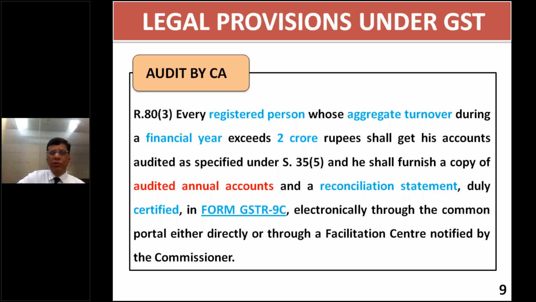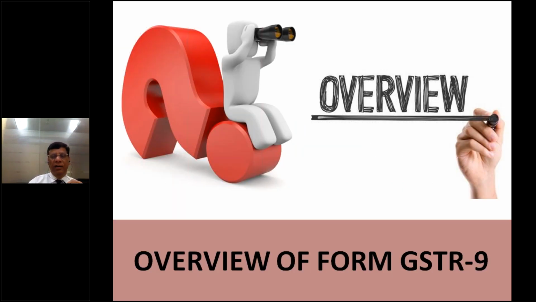So every registered person whose aggregate turnover, meaning PAN-based turnover on all India basis, during a financial year exceeds rupees 2 crore shall get his accounts audited as specified under section 35(5), and he shall furnish a copy of audited annual accounts and a reconciliation statement duly certified in Form GSTR 9C electronically through the common portal either directly or through a facilitation center notified by the commissioner. So this is how the provisions of law are contained in GST law.